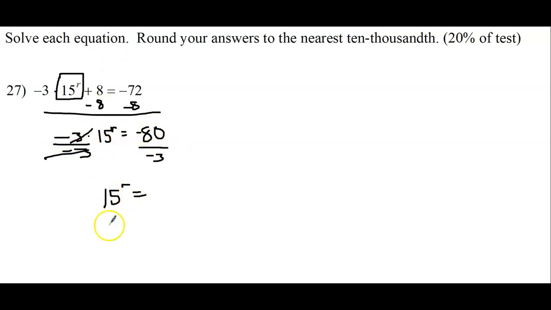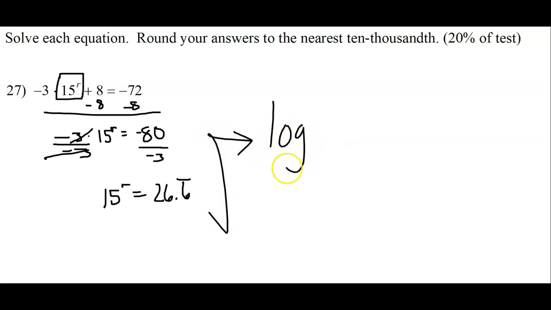And I'm just going to go ahead and turn that into a decimal now. Once you've got those non-exponential numbers out of the way, you're ready to continue with the process we've been doing, which is we want to get rid of the 15 by logging both sides with that base.